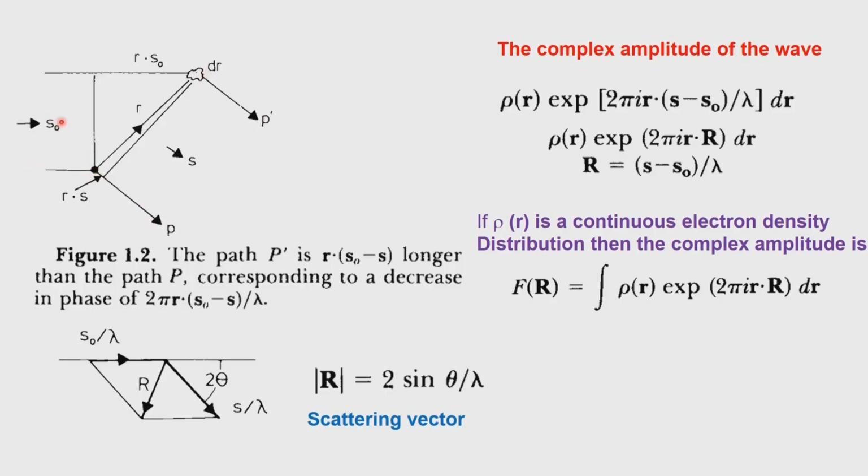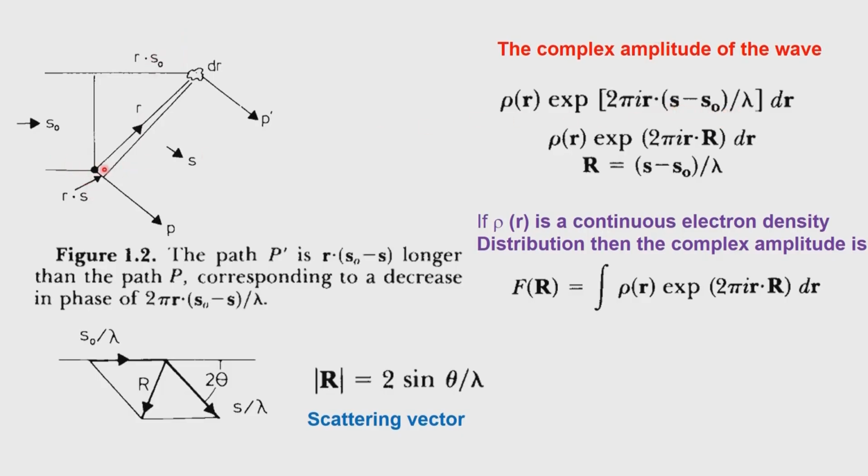So incoming direction is referred to by the unit vector s naught, the scattered direction is referred to by the scattering vector s. So what is happening is that whenever this electron density is located at a distance of r, little r, from the origin, this wave travels an extra distance of r dot s minus s naught.